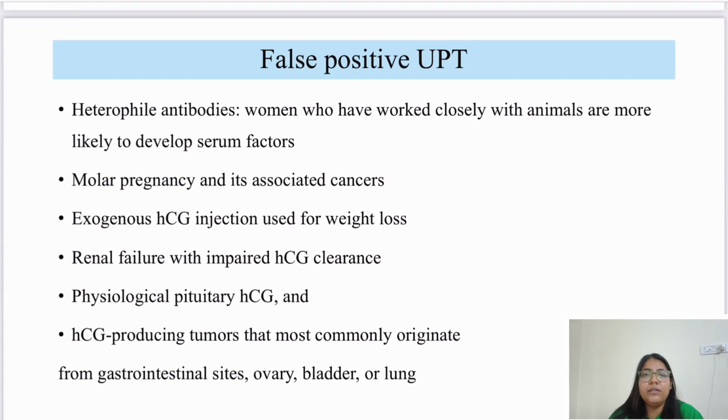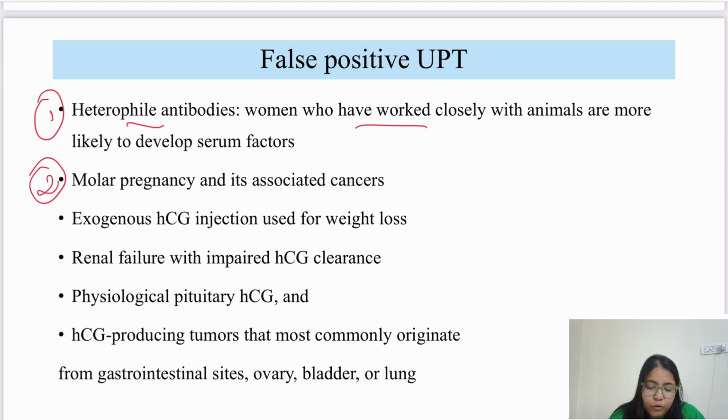In some cases you may get a false positive UPT, meaning you told the patient to do a urine pregnancy test, it came out to be positive, but the patient is not pregnant. So what are the cases where there can be a false positive UPT? First is heterophile antibody. Some women who have worked closely with animals can develop some serum factors, heterophile antibodies, which will give you a false positive UPT.